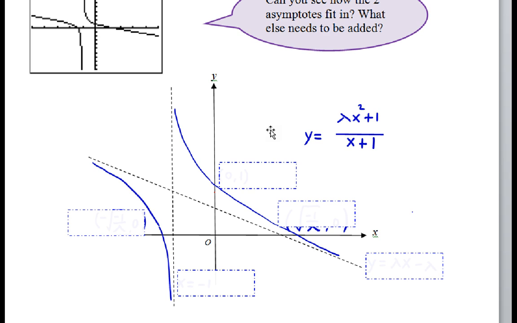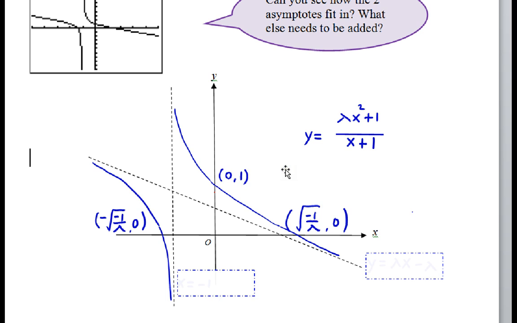Your intercepts here, intercept here, intercept here. Okay, this should be the negative, this should be the positive. A, asymptotes. Don't forget to label x equals -1, y equals to lambda x minus lambda. Okay, all in terms of lambda, not -0.5.